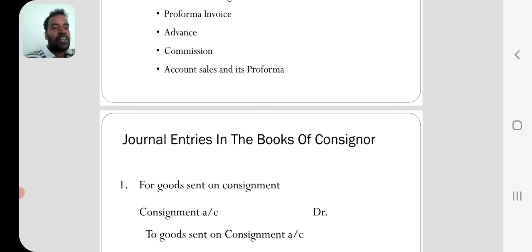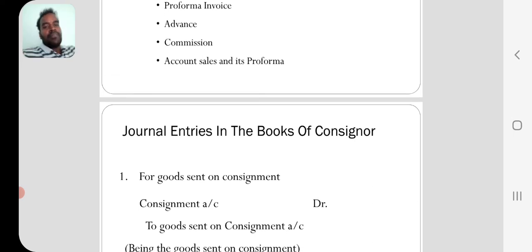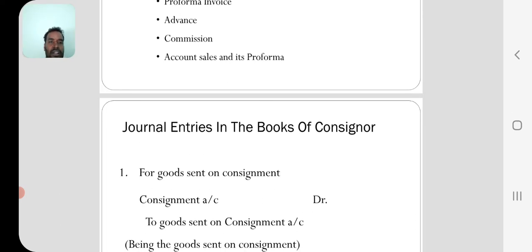All should be mentioned in that, and in that, commission will be deducted, expenses incurred for sales will be deducted, advance will be deducted, and the net amount should be paid to the consignor. Account sales is prepared by the consignee.